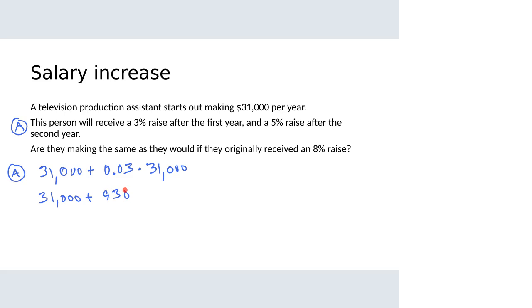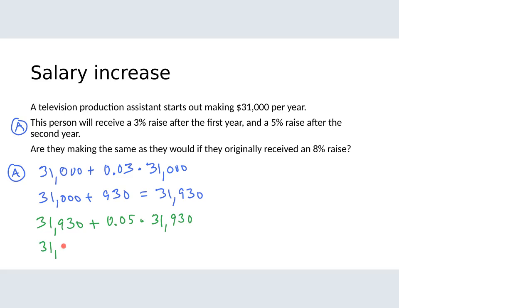So after that first raise, now they're making $31,930. Now they're going to get another raise. The next time, we're going to take that $31,930 and they're going to get a 5% raise, 5% of 31,930.